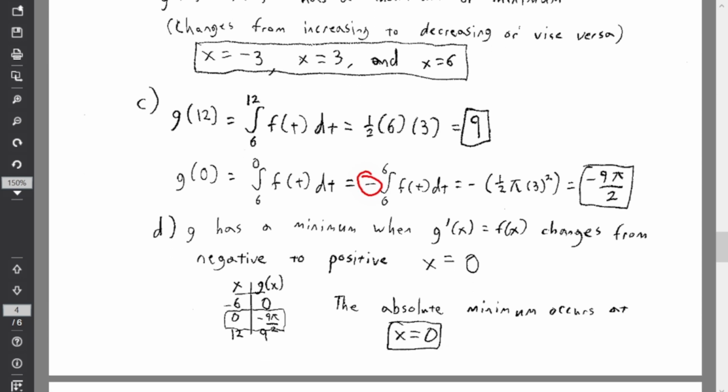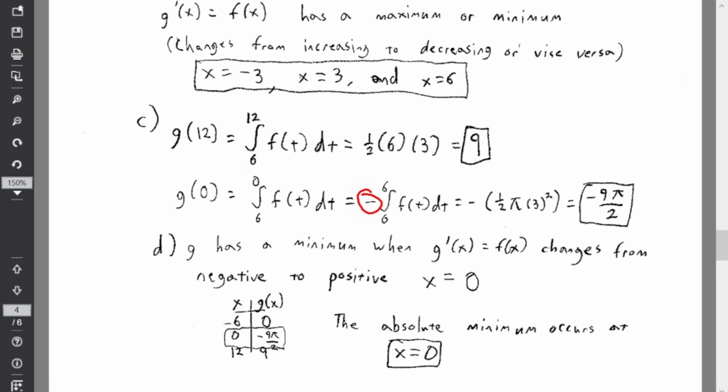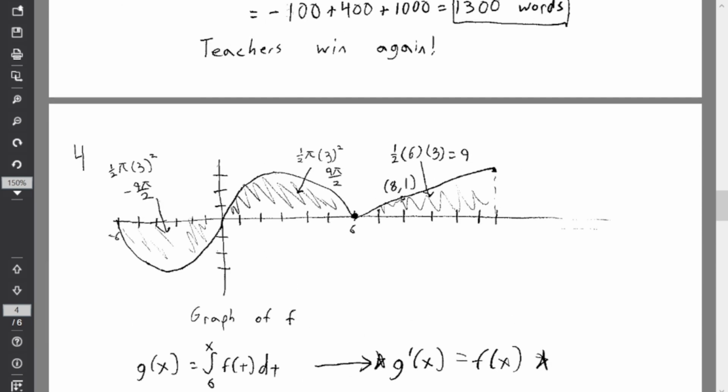So here are our endpoints. We have -6, we have 0, we have 12. Luckily, we already found g of 0, we already found g of 12, so those are done. We just need g of -6. And the way we can get g of -6 is because we have the integral from 6 to -6, which, if we look at these two areas right here, are both the exact same semicircle.